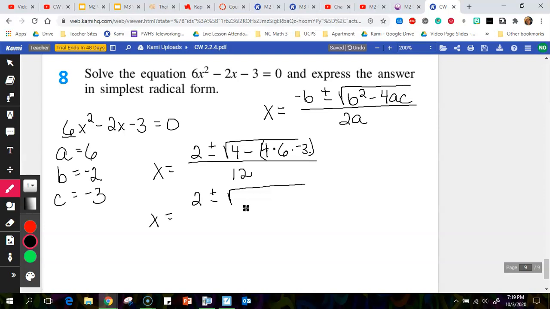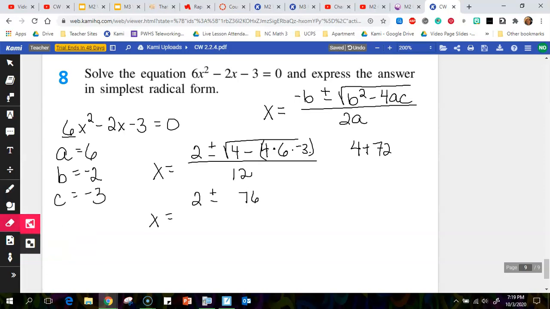So minus -72 is plus 72. I think that's right. So that would be 76 right there, all over 12.